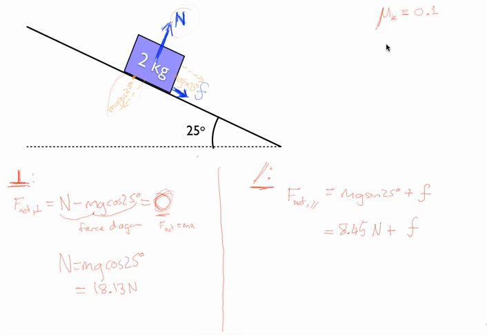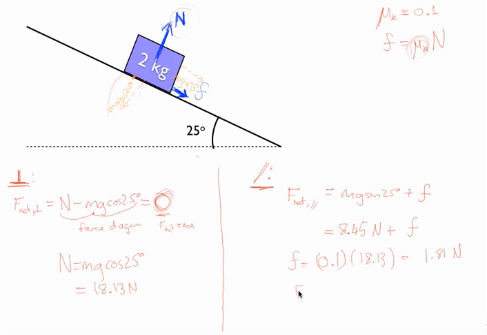Well, for kinetic friction, it's pretty easy. Once we know the normal force, we can find the frictional force by multiplying by the coefficient of kinetic friction. So since the normal force is 18.13, we know the friction force is 0.1 times 18.13, or we know that it's 1.81 newtons.